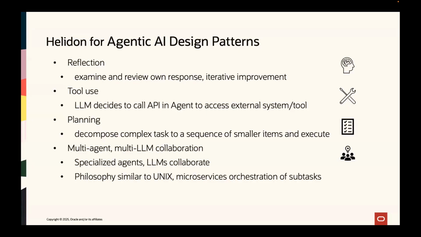And you might have another LLM that does image or video generation, another one that does language translation, another one that does financial analysis. So it's really the philosophy of having specialization, having smaller things that you can subdivide a complex task into subtasks. And you orchestrate that probably with an LLM to orchestrate across the different smaller subtasks. So these are some of the design patterns that can be built with Helidon.